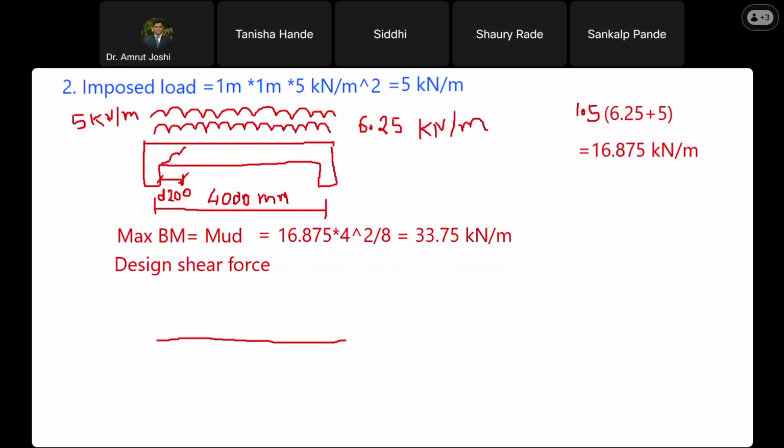How do I draw the shear force diagram? I will have to compute the reactions. So how much is this reaction and how much is this reaction? Half the total load, so that is 16.875 multiplied by 4 by 2, these many kilonewtons. How much is this reaction?